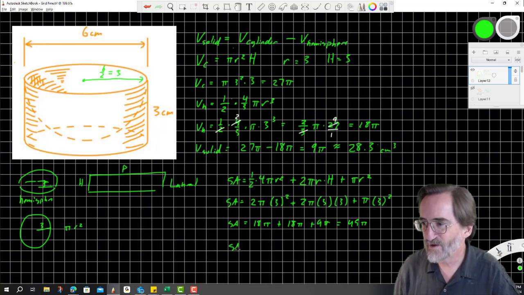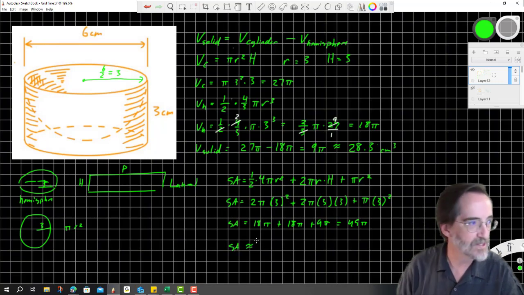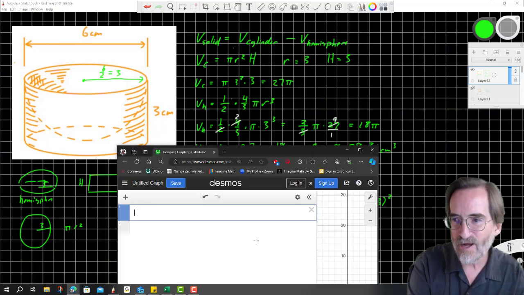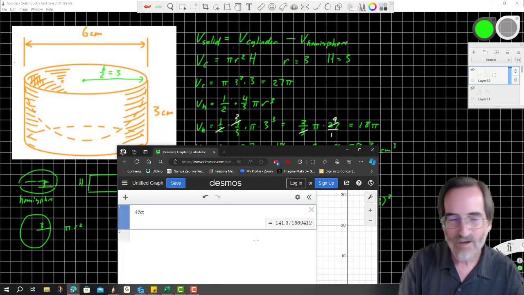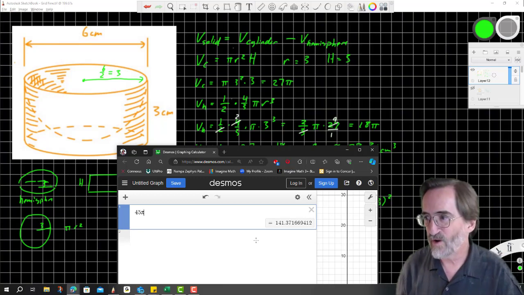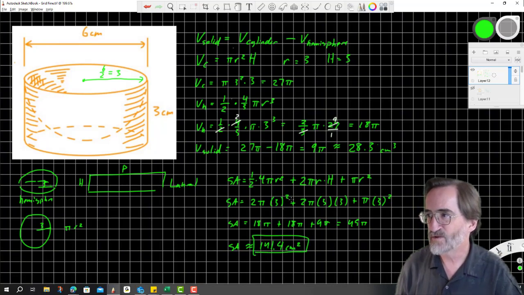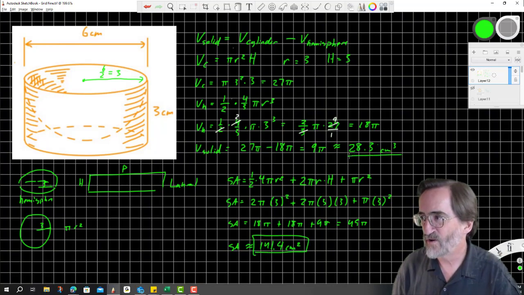So the surface area comes to 45 pi, which is approximately 141.4 square centimeters. There's the surface area, and there's the volume.